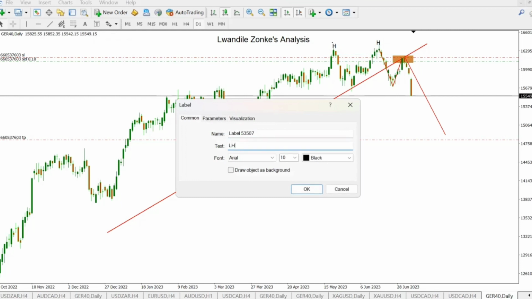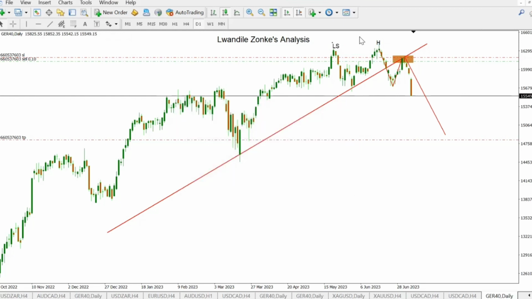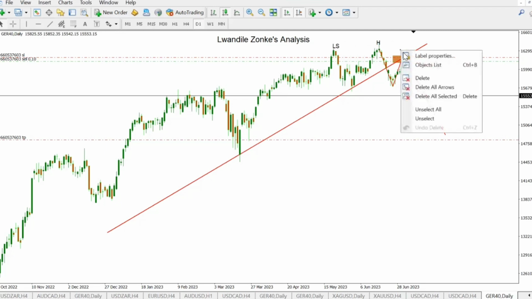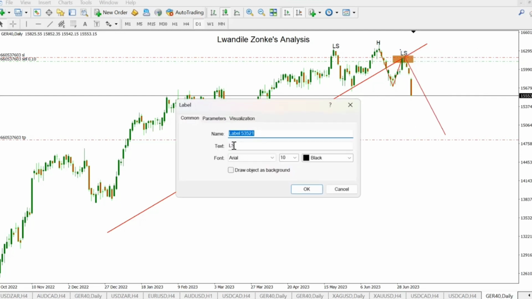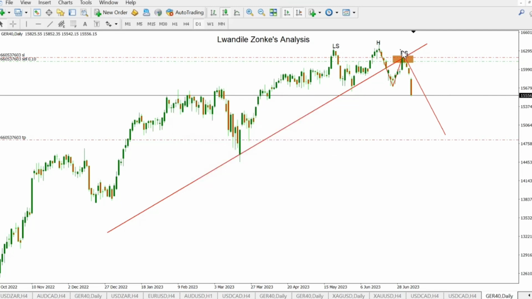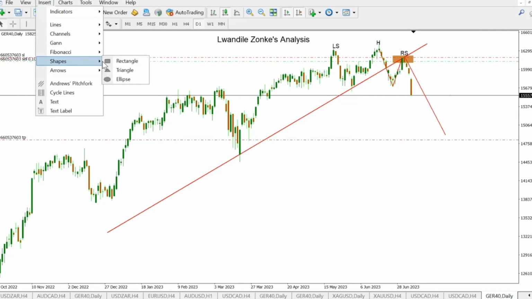This was my right shoulder. And this was my neckline right here.